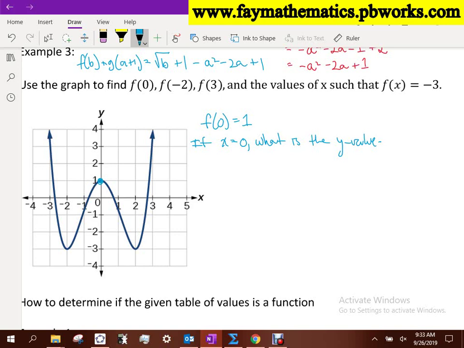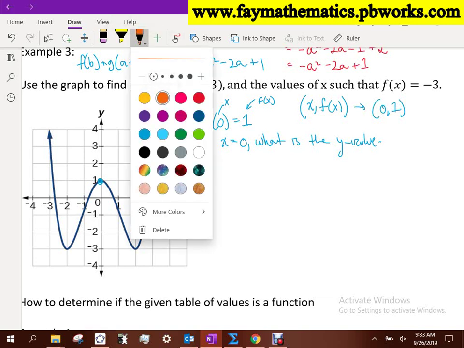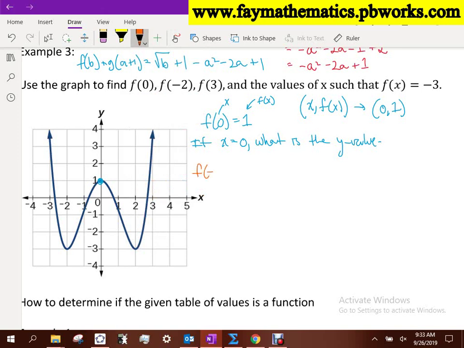If you remember, that's the x value. That then is my f of x value. So as an ordered pair, x comma f of x, this ordered pair would be 0 comma 1. Okay. If we do f of negative 2, we're now asking if the x value is negative 2, what's the y value that goes with that?